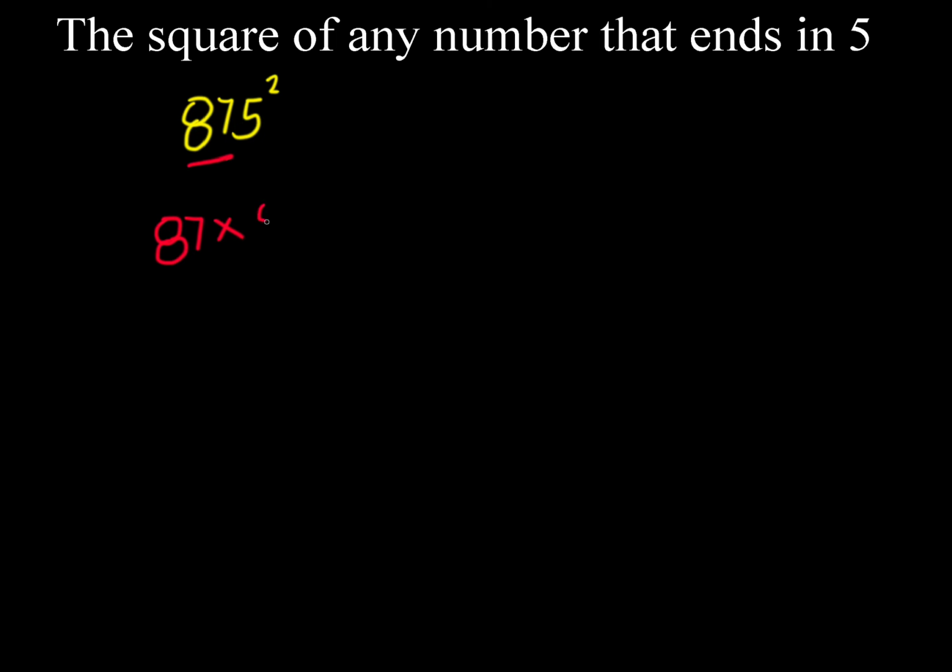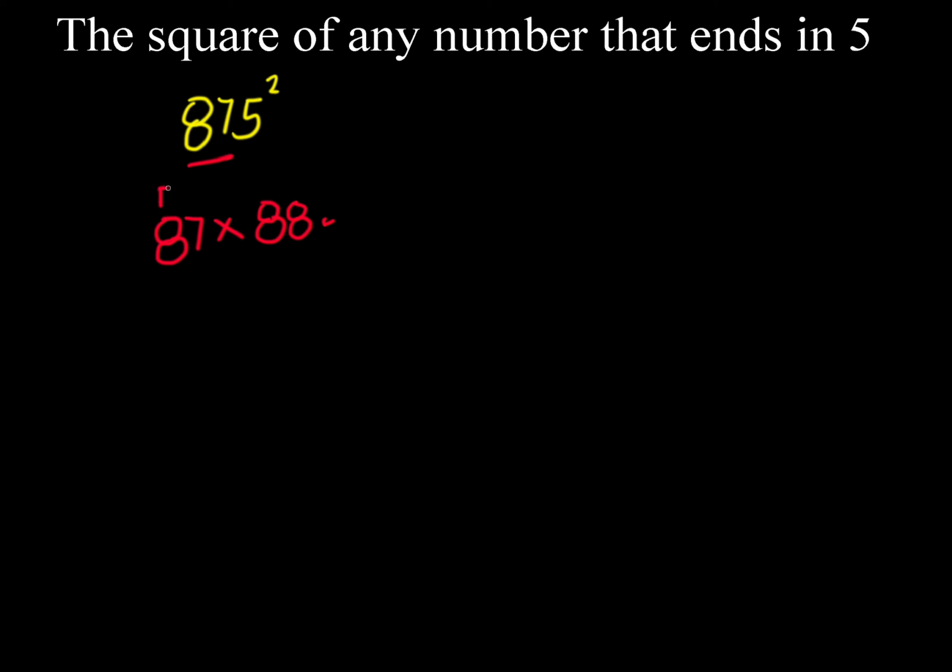So we now have 87 plus 1. That will just give us an 88. Now, just in case you don't know how to multiply two-digit numbers, there is a link to a video tutorial in the description just down below. So let's continue. Let's say we want to multiply 87 times 88.